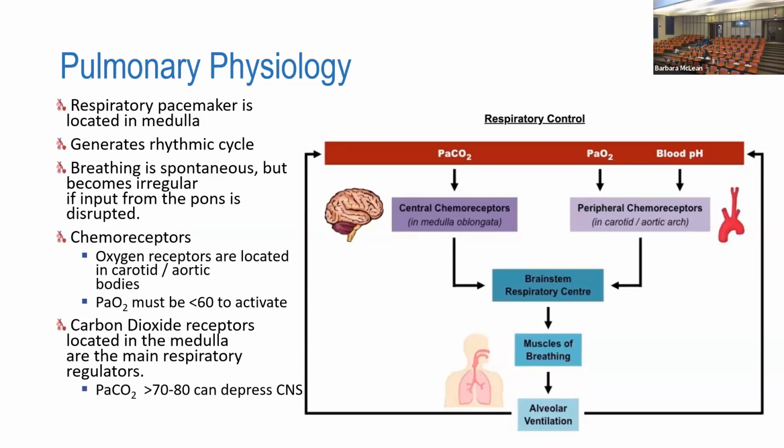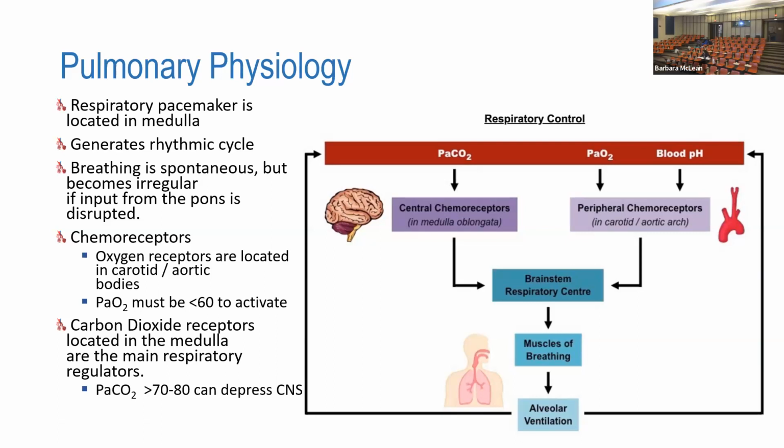So then we move to basic pulmonary physiology and what really controls sympathetic and parasympathetic nervous system stimulation. And that really brings us to the respiratory control center, which is primarily located in the medulla oblongata.